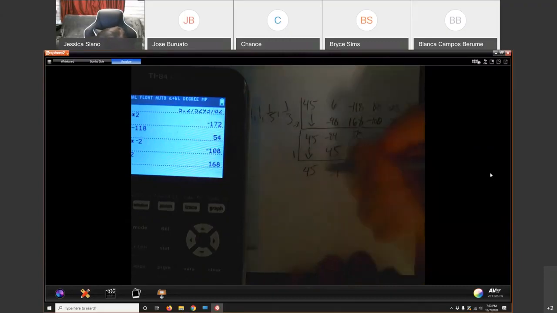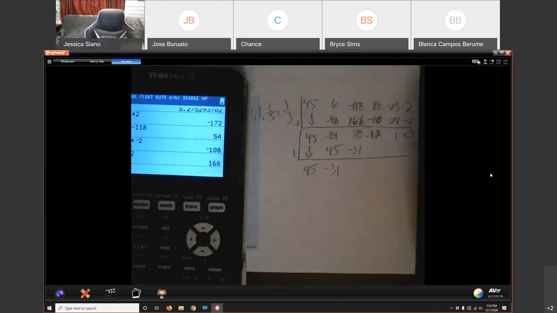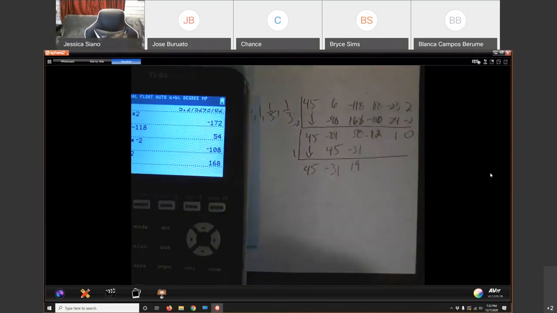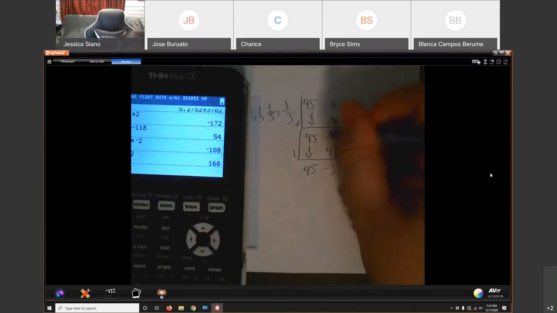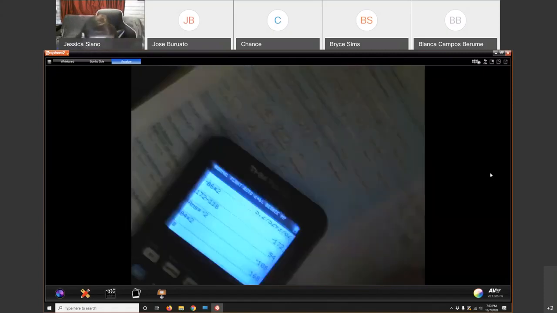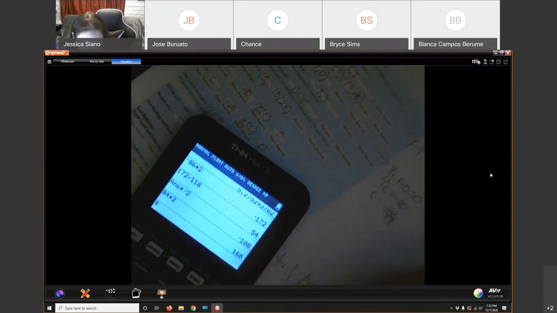This is a negative 31. Sorry, I'm just making sure that I'm all clear here with my negatives and positives. All right, 84. Okay. Let me make this less messy so that I can actually read it.